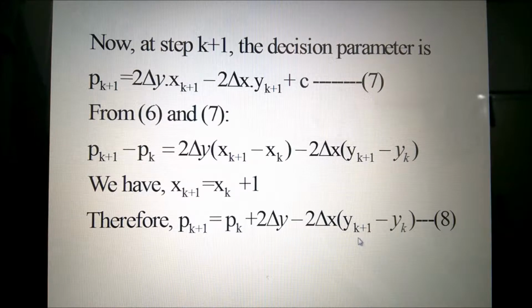In the case of yk plus 1, it is either yk or yk plus 1. Therefore this term is either 0 when pk is less than 0, or it will be 1 when pk is equal to or greater than 0.